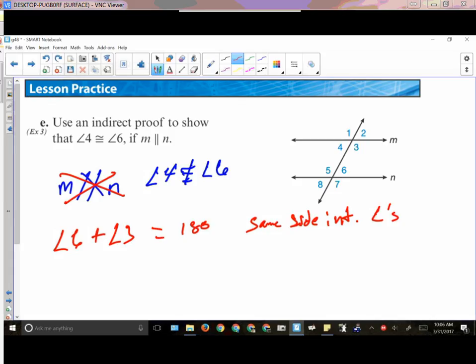Okay. What does angle 4 plus angle 3 add up to? 180 degrees. Why? What are they to each other? Not corresponding angles, but supplementary angles.